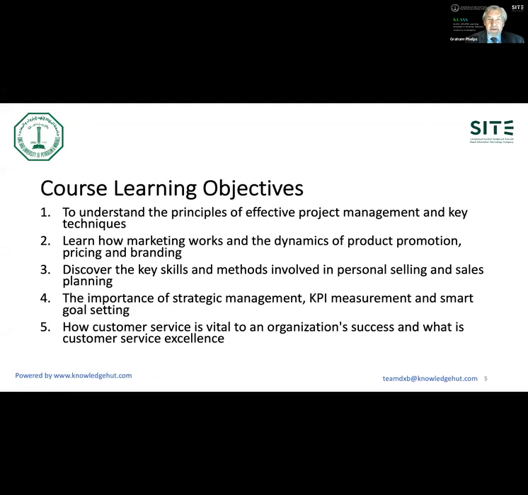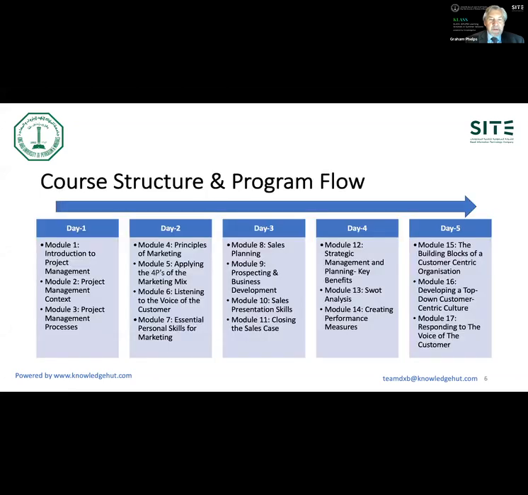Session 4, day 4, is looking at strategic management, KPI management, and goal setting. And then finally, the secret of organizations like Apple and Amazon will be looking at customer centricity and what is customer service excellence. To put it into context, these are the modules we will be covering.